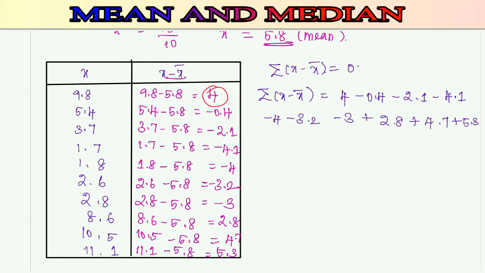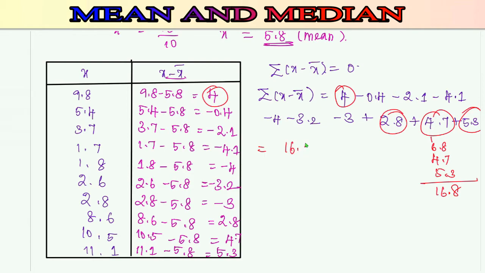When you add all these values, first I am going to add the positive values. 4 plus 2.8 is 6.8. 6.8 plus 4.7 plus 5.3 gives 16.8. So the positive total is 16.8.